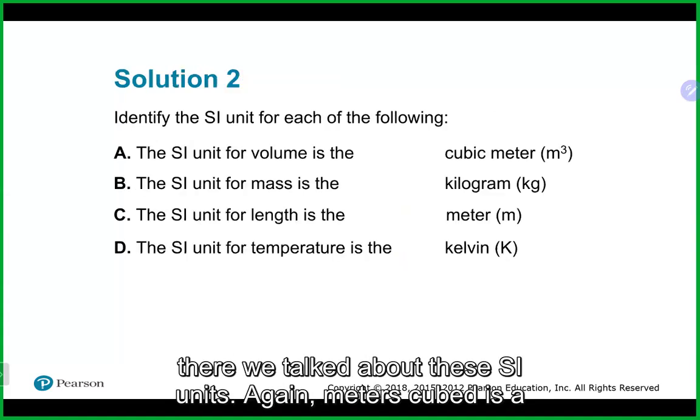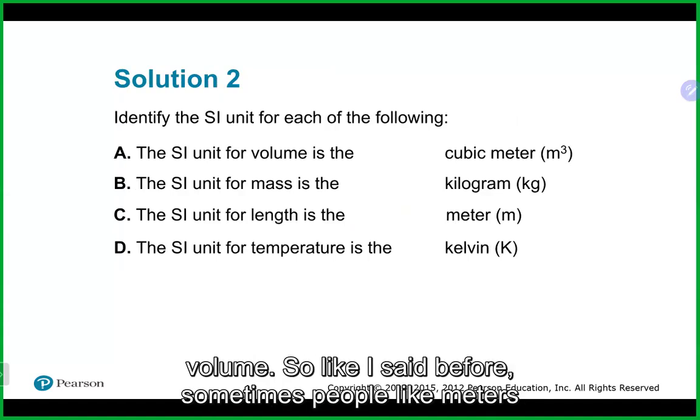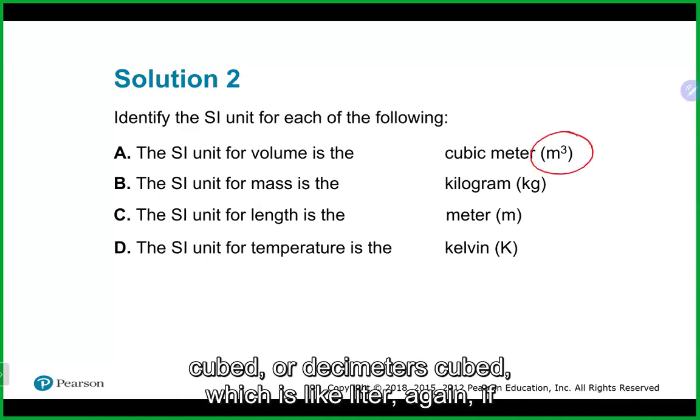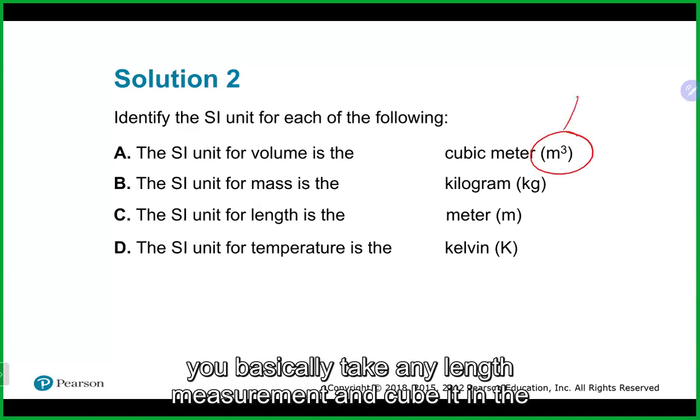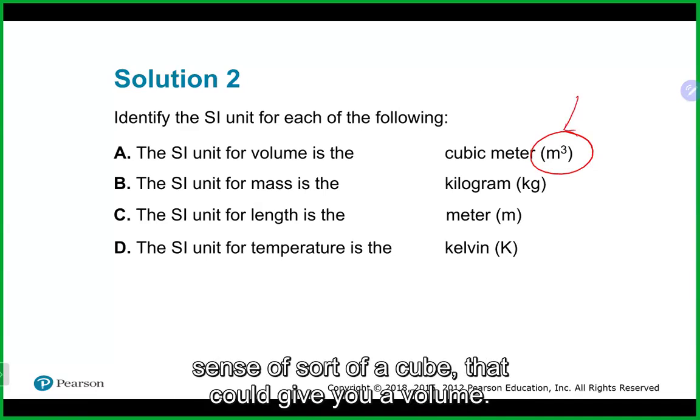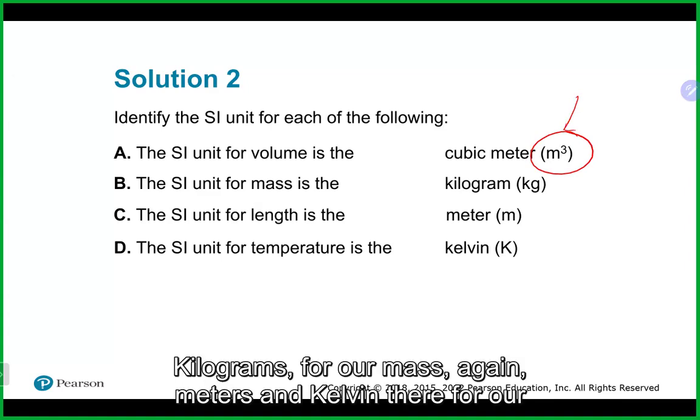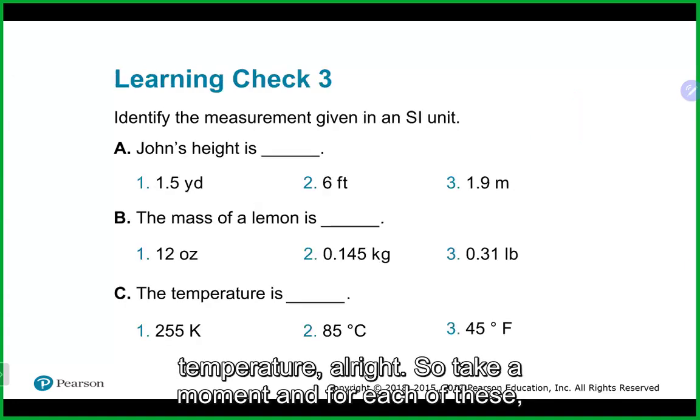Obviously, we talked about these SI units. Again, meters cubed is a volume. Like I said before, sometimes people like meters cubed or decimeters cubed, which is a liter. If you take any length measurement and cube it, in the sense of a cube, it will give you a volume. Kilograms for our mass, again meters, and Kelvin there for our temperature.